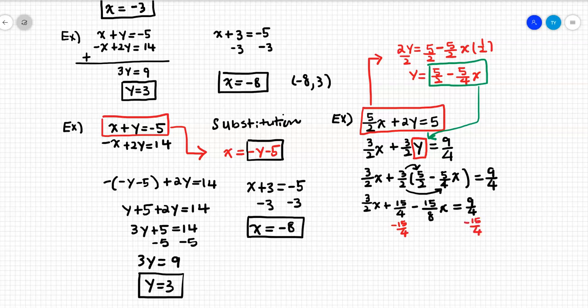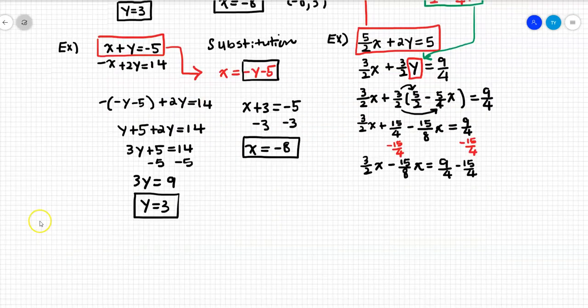Okay, and I'm going to rewrite it. I have 3/2x minus 15 over 8x equals 9 over 4 minus 15 over 4. Okay, so we're going to combine the terms on the left and right side here.